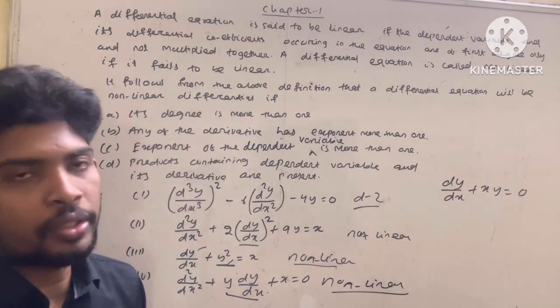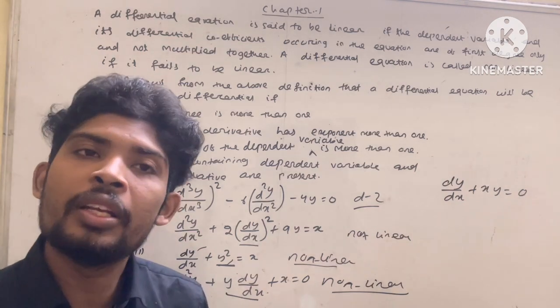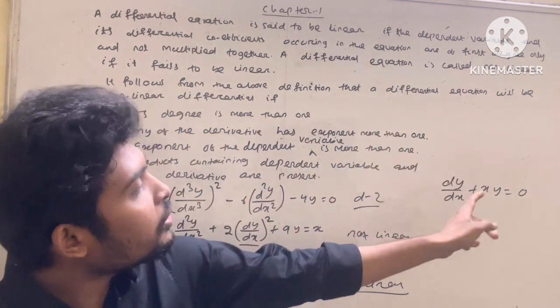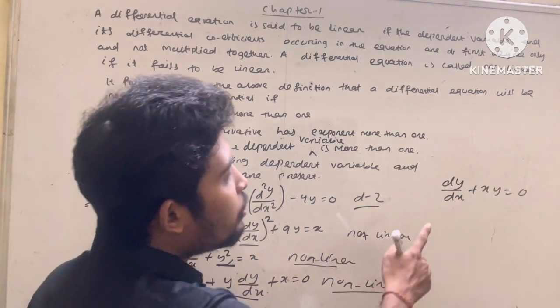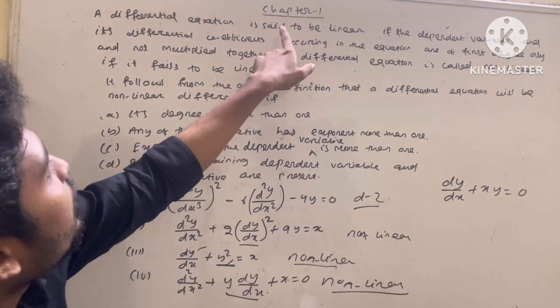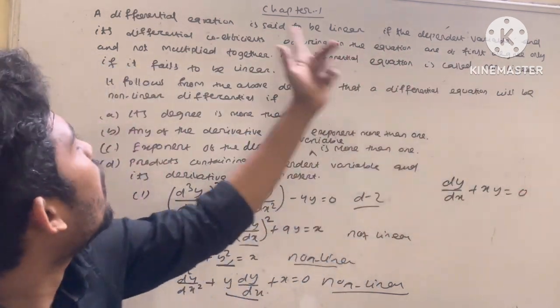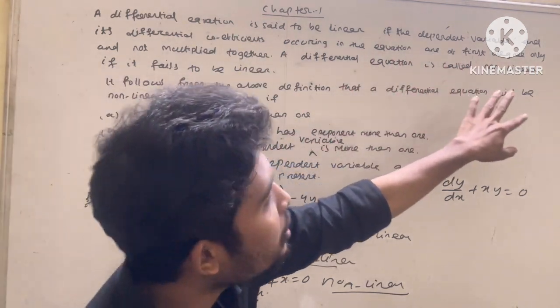Okay, so always check the non-linear conditions first, and after that check the linear conditions. Let me give another example, dy by dx plus xy is equal to 4. This is a simple linear differential equation because it is said to be linear if the dependent variable, that is y, and its differential coefficient are of the first degree only.